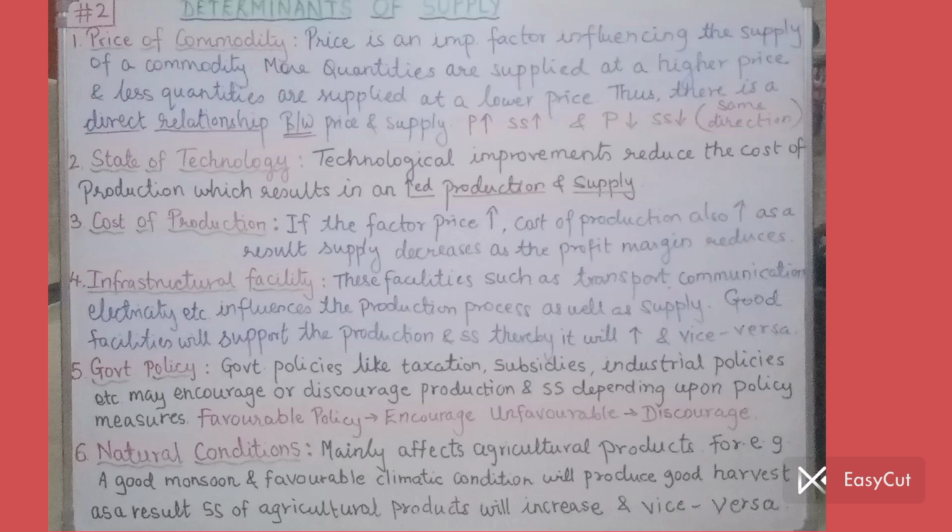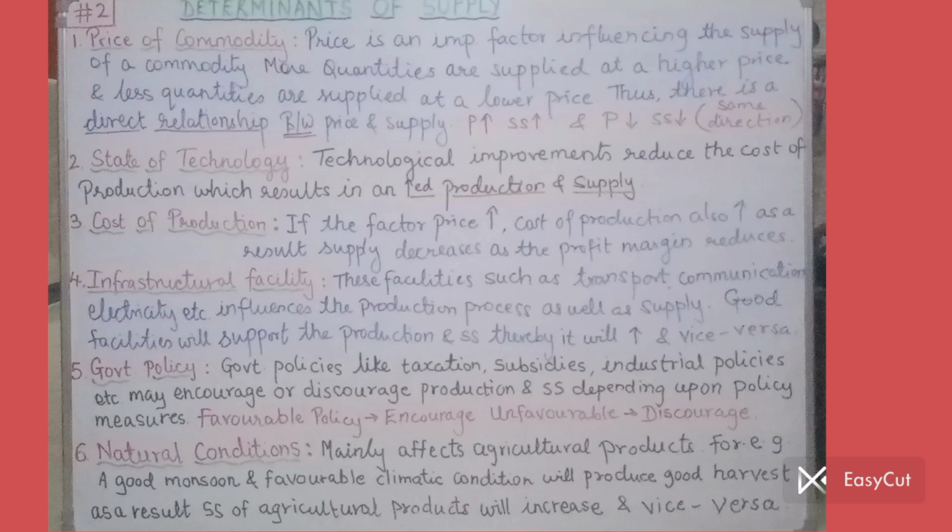So if the factor price rises, supposing labor demands higher wages, for land we have to pay more rent, for capital we have to pay higher interest, likewise any factor price rise, then naturally it will result in increased cost of production, as I have shown with the help of an arrow on the board.